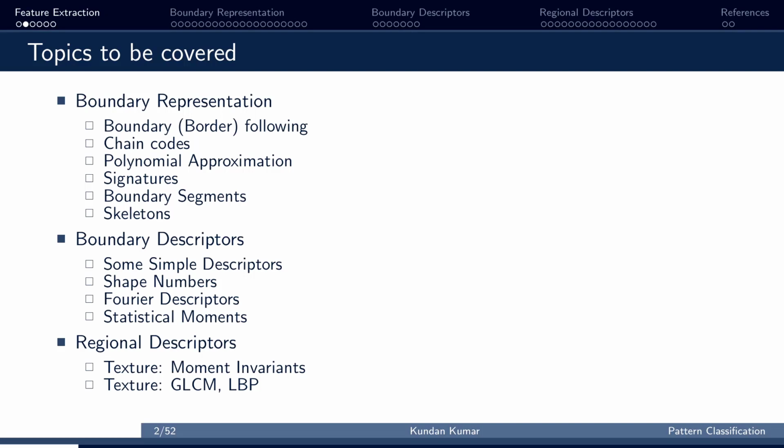Basically, representing a region involves two choices. One is we can represent the region in terms of its external characteristics, and that is the boundary, or we can represent it in terms of its internal characteristics, like the pixel values comprising the region. Choosing a representation scheme, however, is only part of the task of making the data useful to a computer. The next task is to describe the region based on the chosen representation.